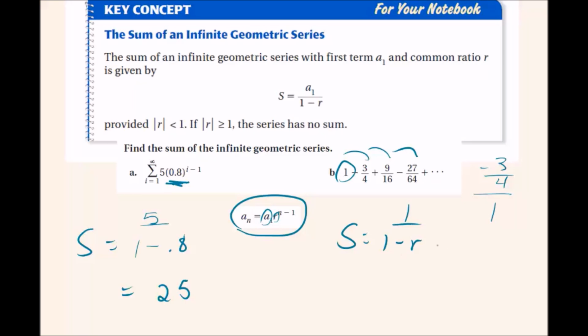So we're able to plug that in for r. 1 over 1 minus negative 3/4, so plus 3/4, equals 1 over 1 is 4 over 4, so 1 over 7/4. To divide that, you multiply by the reciprocal, 1 times 4 over 7, and you get 4/7.